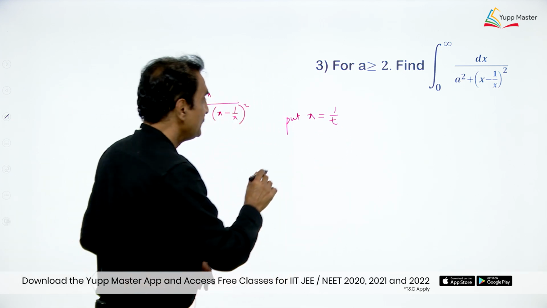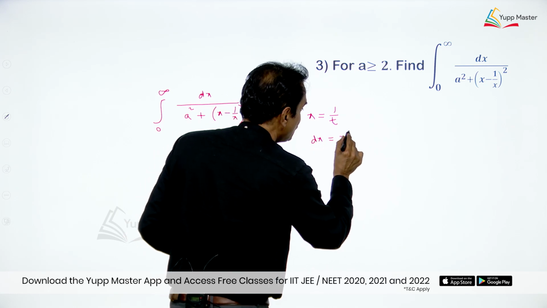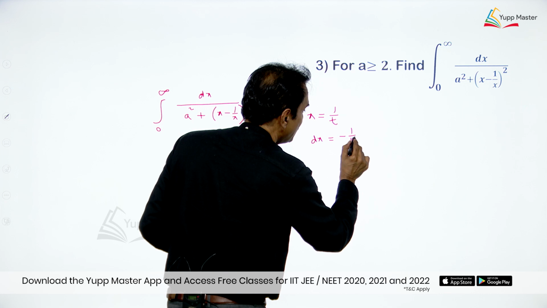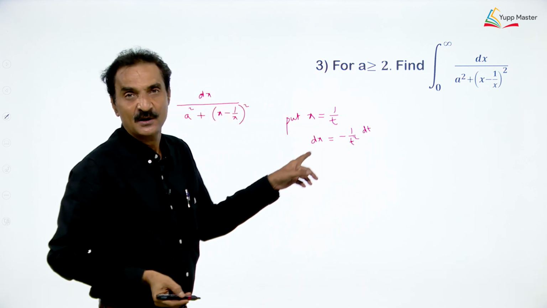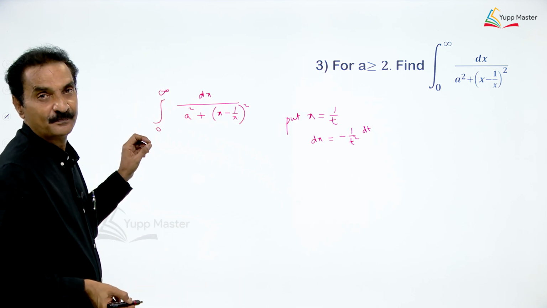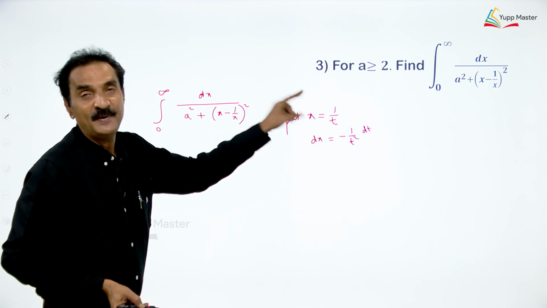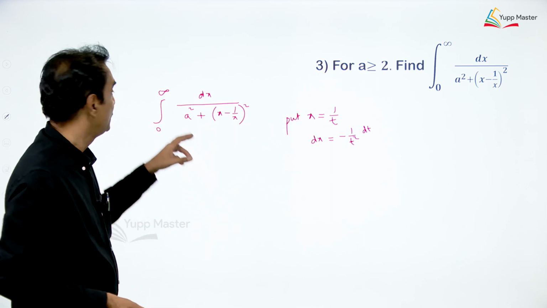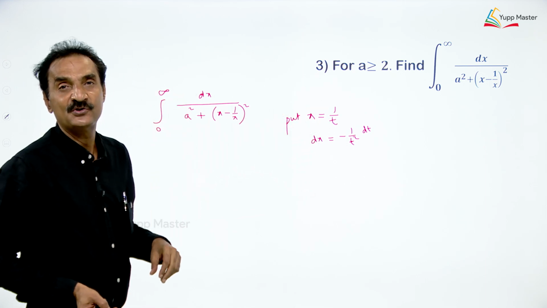Then dx will be minus 1 by t square dt, differentiating on both sides. Okay. And what will be the new limits? If x is tending to 0, then t will be tending to infinity. If x is tending to infinity, then t will be tending to 0.